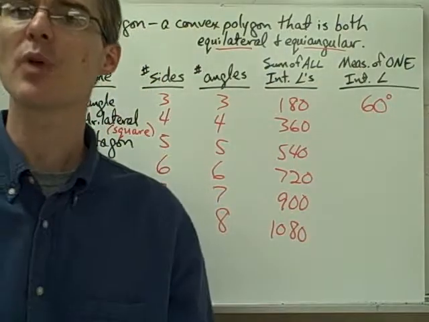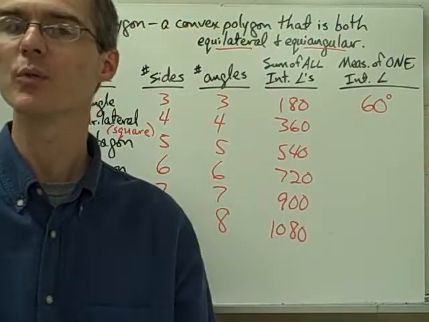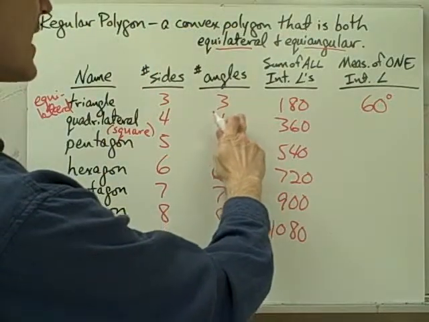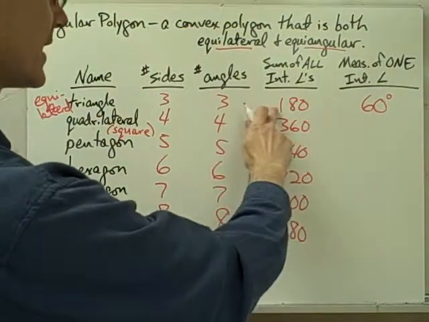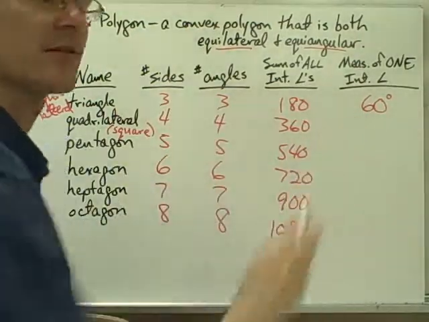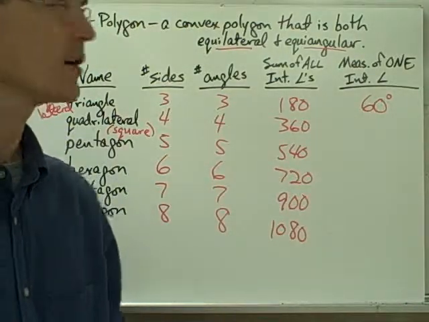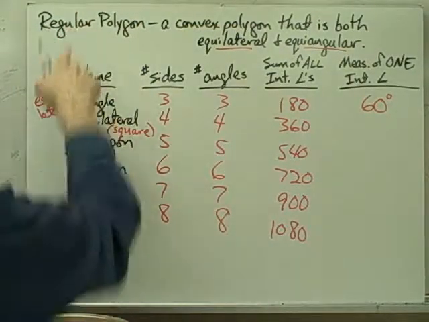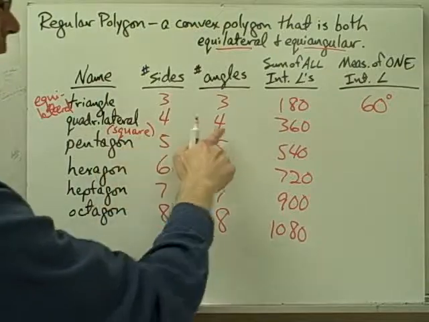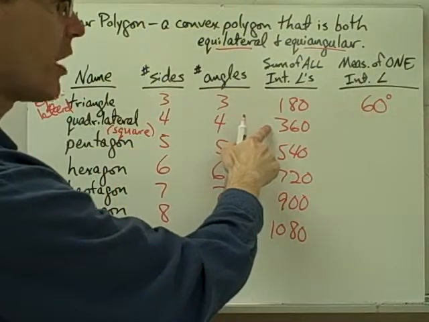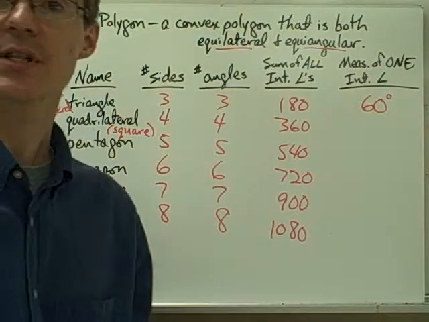And in fact, we've used that property quite a bit already when we're dealing with equilateral triangles. Well, that's just a way of saying that if I take 180 degrees and divide it by 3, the number of angles, that gives me the measure of just one of the angles. Well, if I take a regular quadrilateral, that is a square, I know it has 4 interior angles. I know the sum of all 4 of those interior angles is 360 degrees.